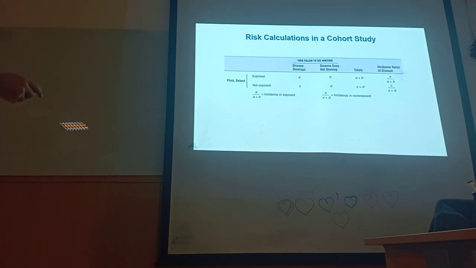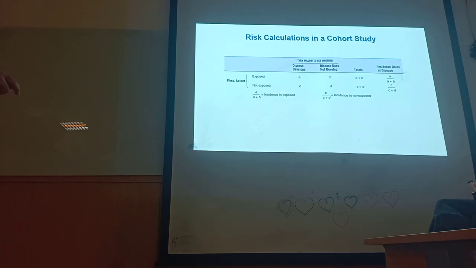In rows we have exposure status, and in columns we have disease status. The number of people who were exposed is A plus B. The number of people who are not exposed is C plus D. From this, A out of A plus B have developed the disease, and C out of C plus D have developed the disease in the unexposed group.